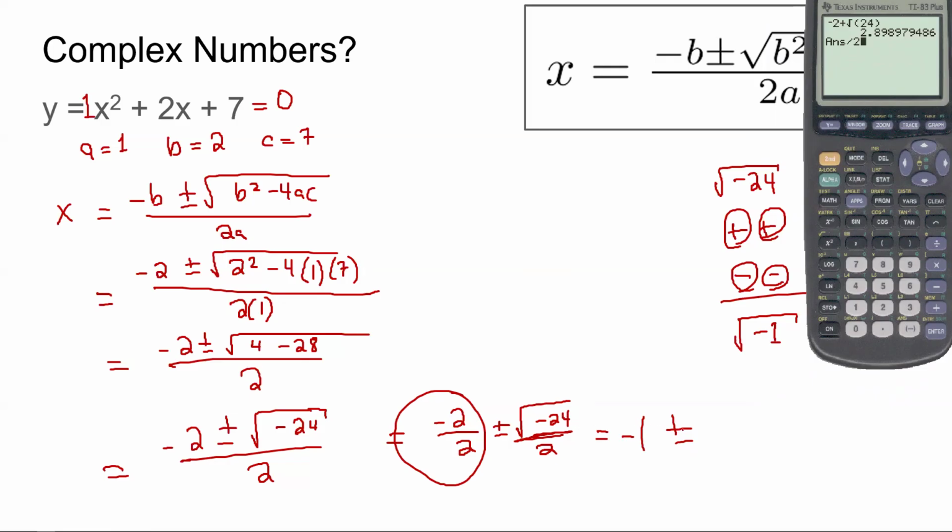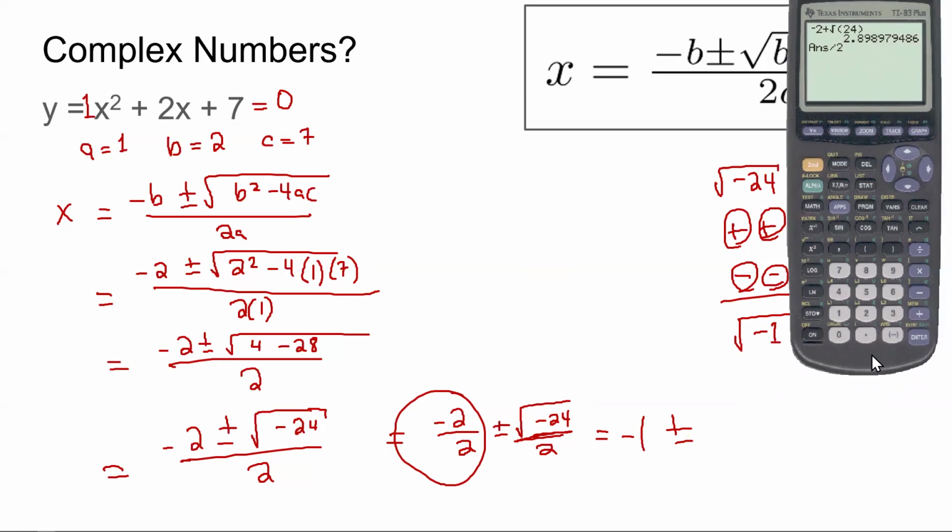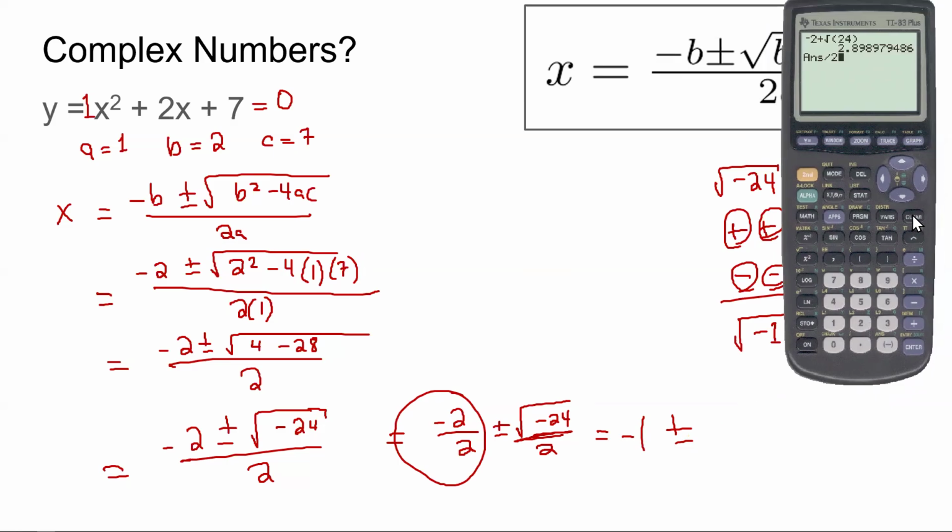Anyway, we're going to get something like, let's go get a decimal version of it right now. 4.8989. See how it never terminates, never repeats? What I'm trying to say, 4.89 dot dot dot, and that's where I slap that i on right there.